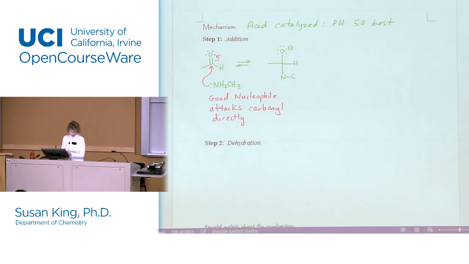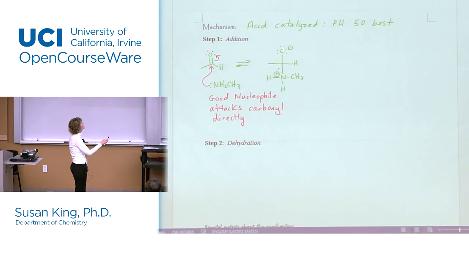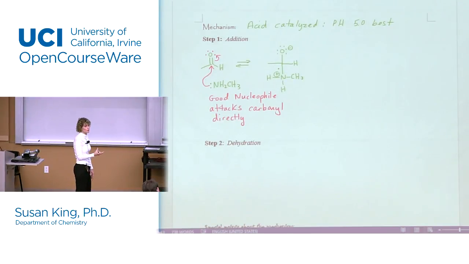We have two things that we need to do here. Nitrogen's going to have a positive charge. We need to deprotonate nitrogen, and we need to protonate oxygen. Could we do that intramolecularly? What do you think? Let's count atoms. You have to make a 5 or 6 member transition state. 1, 2, 3, 4. No, it can't reach. So we have to turn this into 2 steps.